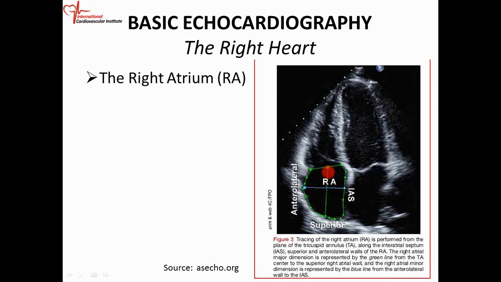Okay. And the computer will give you the area and say it should be less than 18 centimeters squared. If it's greater than 18 centimeters squared, then it's enlarged. You also have to remember the values for the right ventricle, and we went over those in the last lecture.